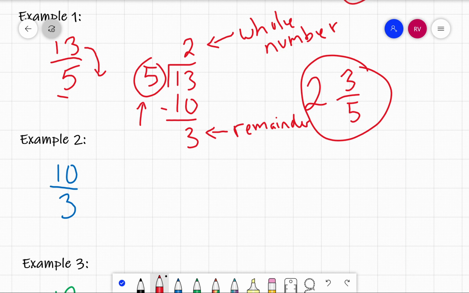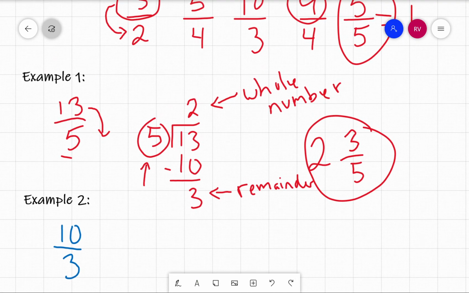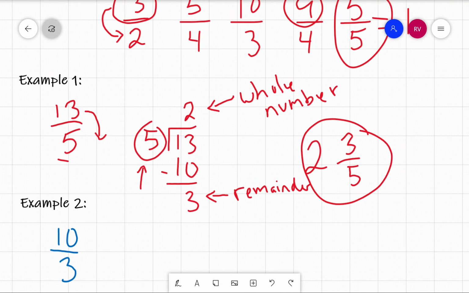Now, to draw this out in circles to show that we are correct, to show that 2 3/5 and 13/5 are equal, we need to draw our circles. Okay, so just like we did before, we need 2 whole circles because we have 2 3/5, and then we need another one for the fraction.